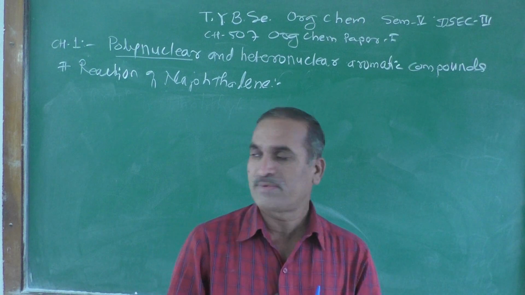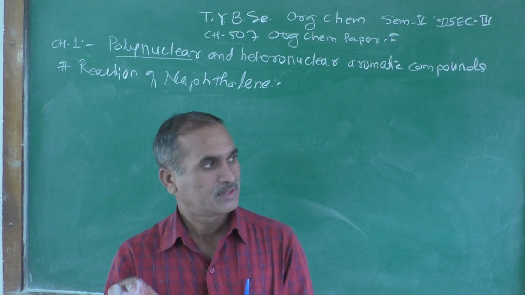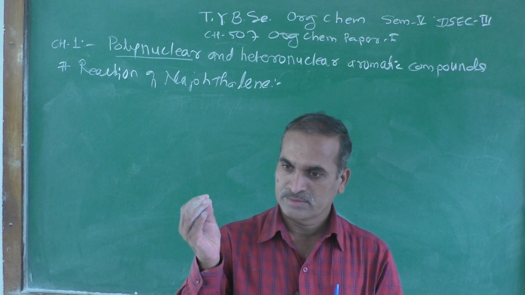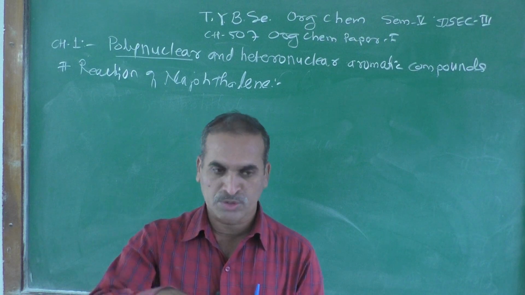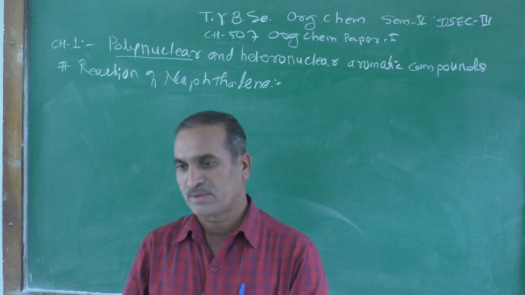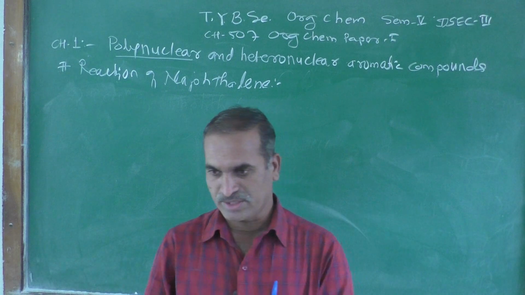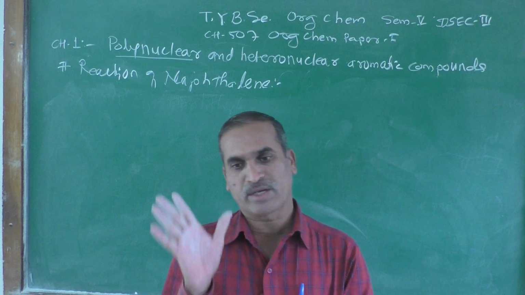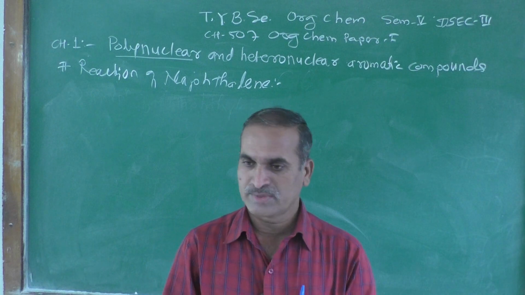The Friedel-Crafts reaction is nothing but the introduction of an alkyl group or an acyl group into an aromatic compound in the presence of a Lewis acid. The simplest aromatic compound we are discussing is naphthalene.